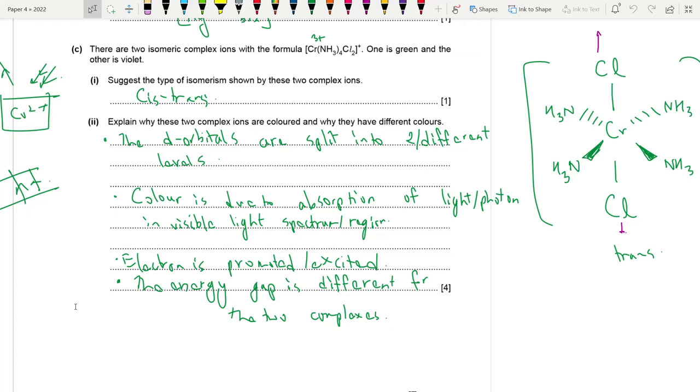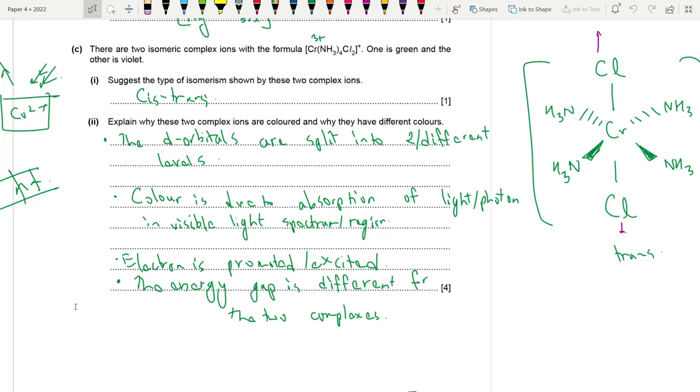The electrons in the lower energy levels can absorb visible photons of light, and in the process they're excited. The color we see is complementary to the color that is absorbed. So something that absorbs red and green light will be blue in color because it's not absorbing blue light, like copper 2 plus ions.